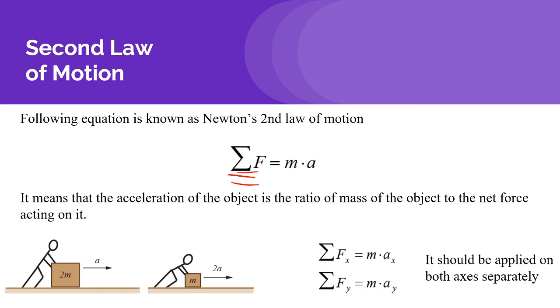We are going to be using this equation in both the x and y axes, because you're going to have 2D motions most of the time. Since forces are vectors, you can have them in two different dimensions. So that means you're going to need Fx equals max and Fy equals may.